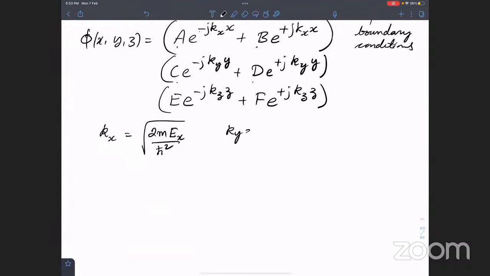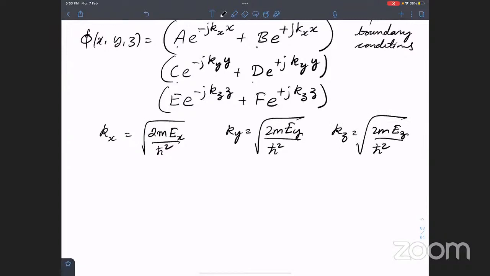Similarly, ky is root of 2m Ey divided by h bar square. kz is root of 2m Ez divided by h bar square.